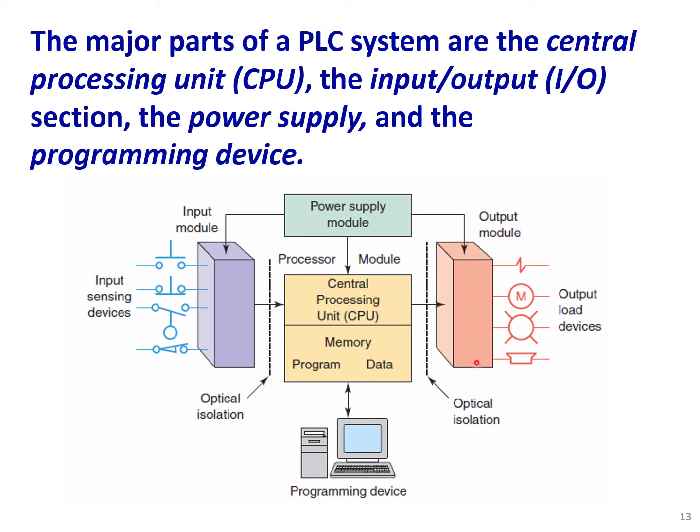We have the output module, to which we could connect output devices, and we have a programming device, or let's say a PC or laptop, which could be connected to the PLC to monitor the program, to download the program, and to upload the program from the PLC. So these are the main units of a PLC.